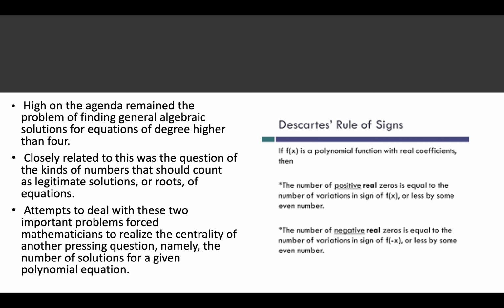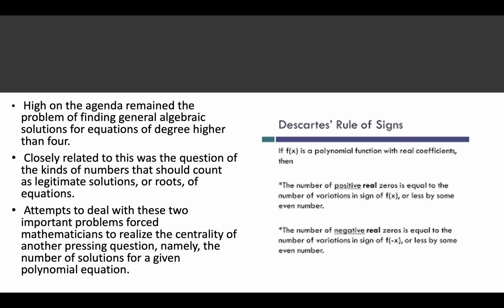Closely related to this was the question of the kinds of number that should count as legitimate solutions or roots of the equations. Attempts to deal with these two important problems forced mathematicians to realize the centrality of another pressing question, namely the number of solutions for a given polynomial equation.